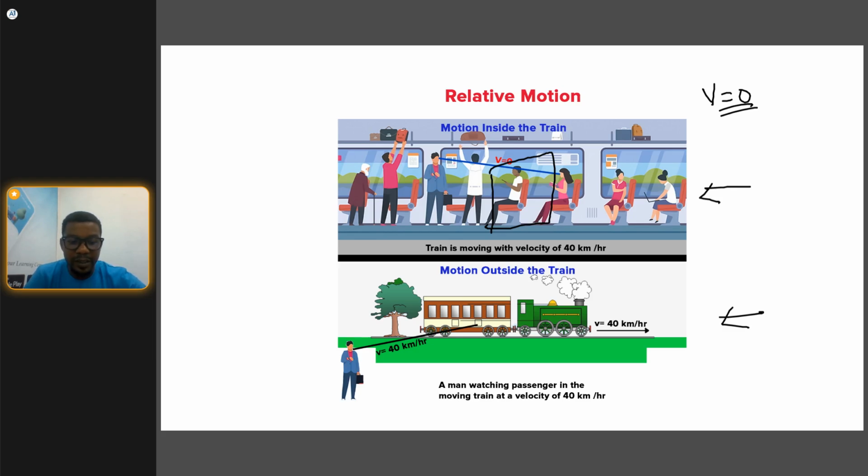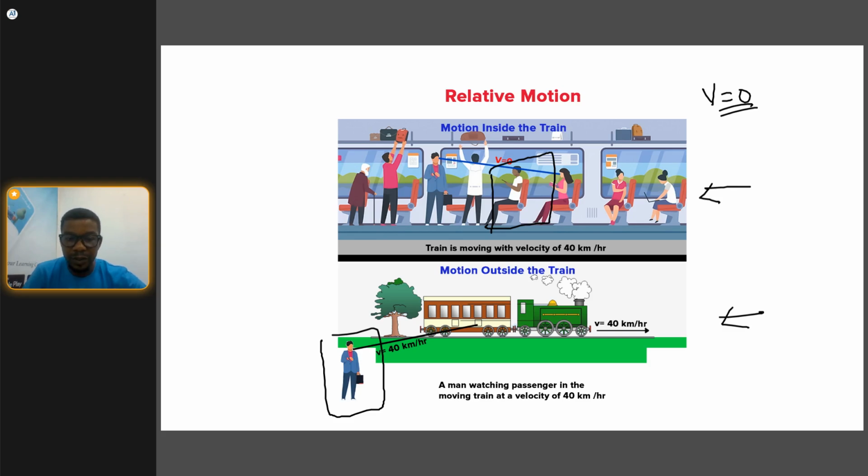Now, for someone that is outside, observing the train moving, if such a person is going to know the velocity or the speed of the boy sitting inside the train, he's going to consider the velocity of the train, but not that of the boy, because the boy is sitting in the train, is static, no movement has taken place.